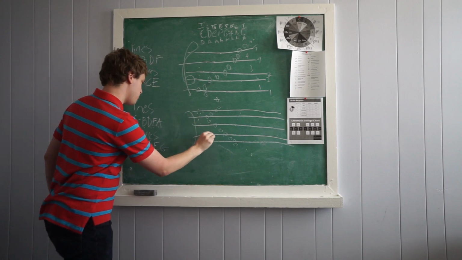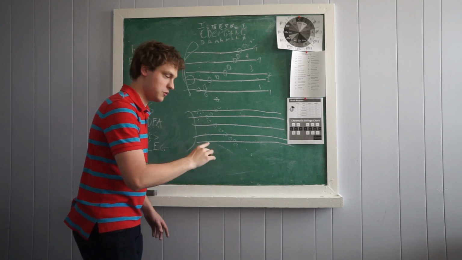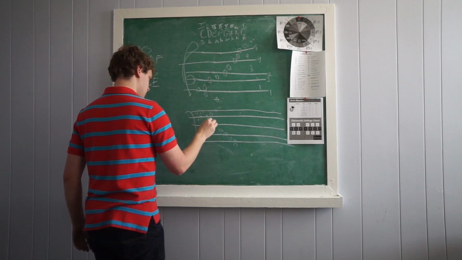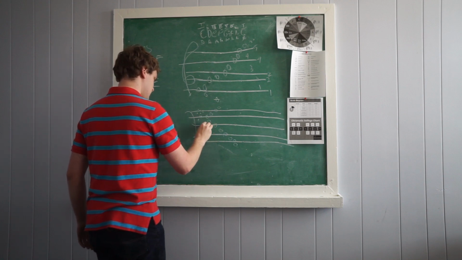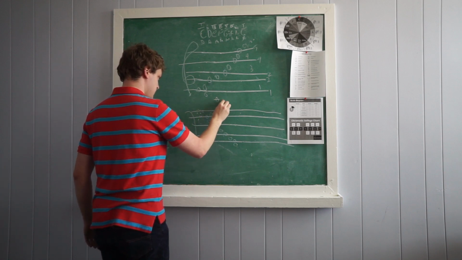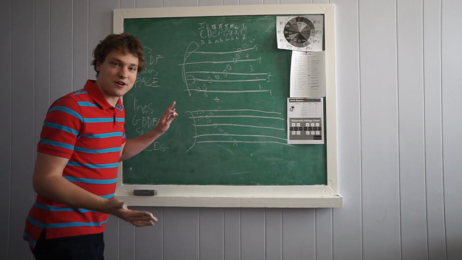Lines are Good Boys Do Fly Airplanes. Easiest way to remember it. Those are the note names. So F, G, A, B, C, or C, D, E, F, G, A, B, C. So we keep going up and down, right? Easiest acronyms to remember these.